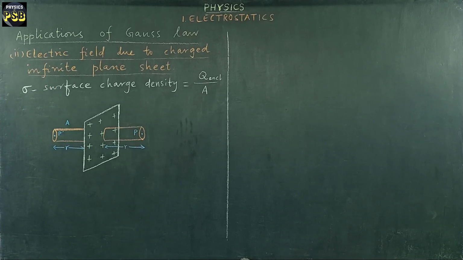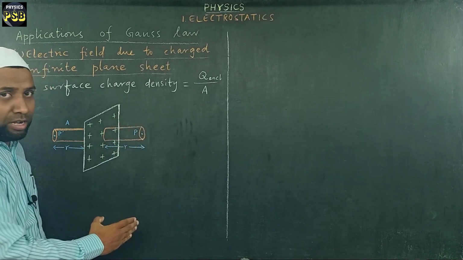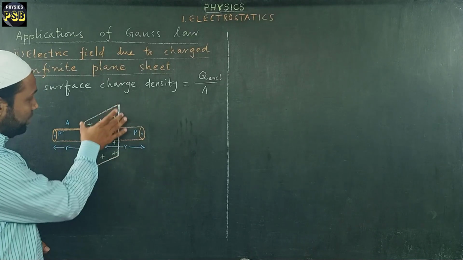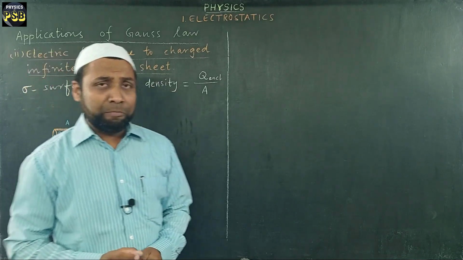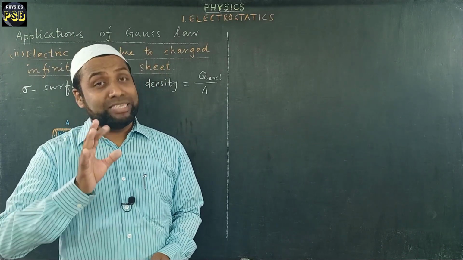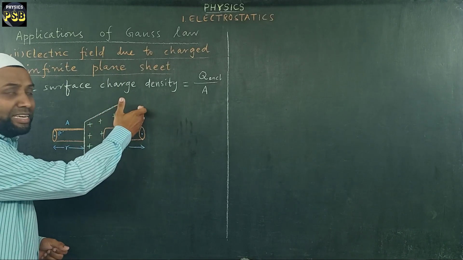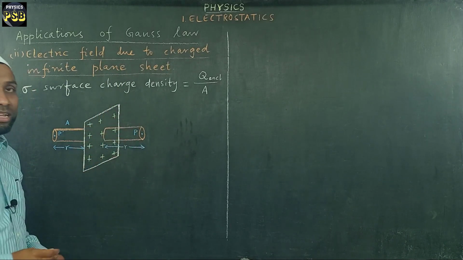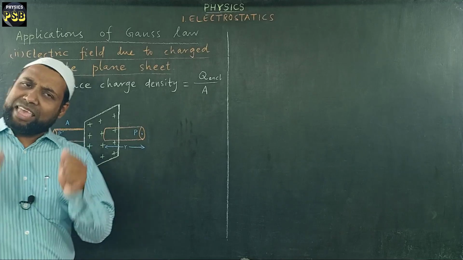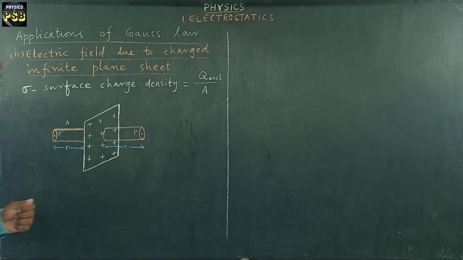Now, if I take any point at equal distance from this charged sheet, you will find the magnitude of electric field remains the same. I repeat, points taken at equal distance from this charged sheet provide the same magnitude of electric field.